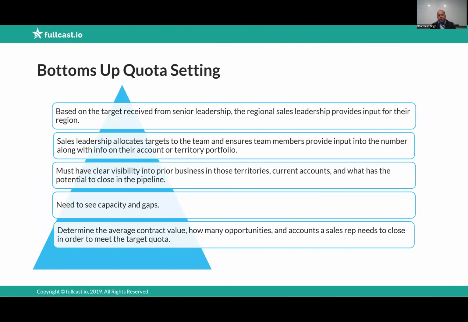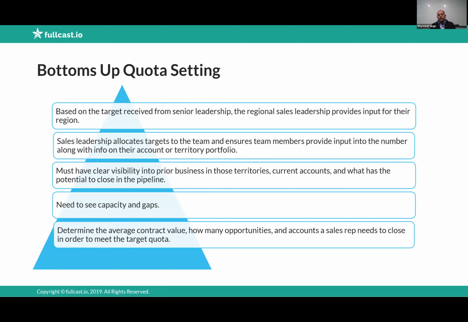Bottom up works like the name indicates, right? We get the target from the senior leadership. We do involve the sales leadership, and we start getting input from each of the regions, right? And so the region now will give their inputs as it relates to seasonality, their own assumptions, what they think they can make in the number, and what capacity they have, right?